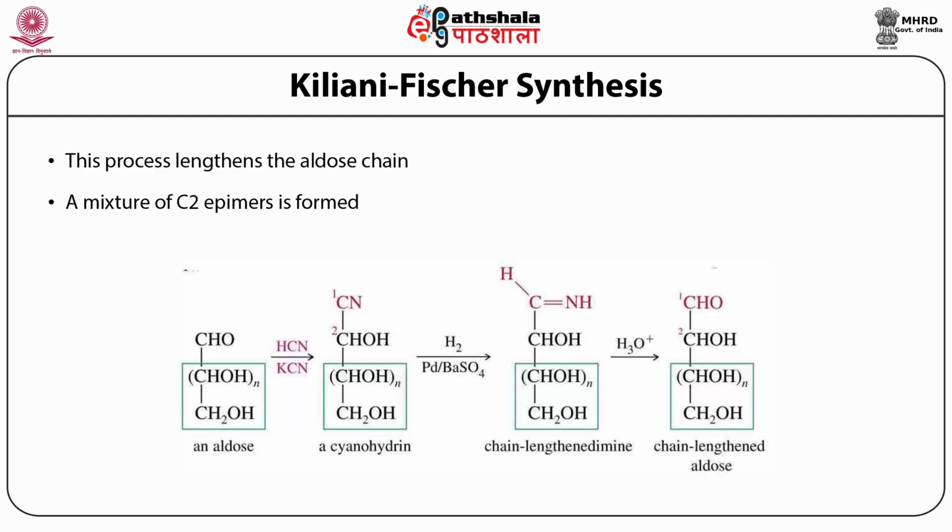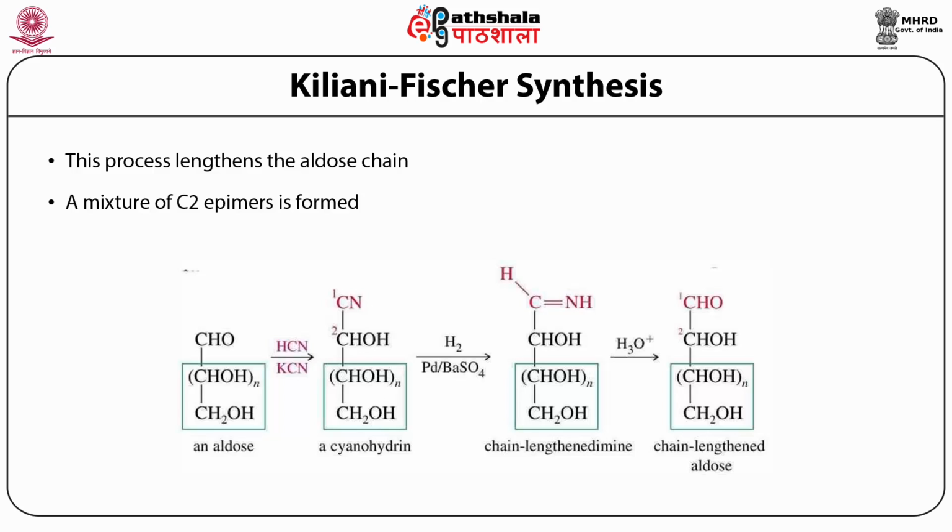In this method, the cyanohydrins are first converted to imines by using a partially deactivated palladium on barium sulfate catalyst, so that the imines would not be further reduced to amines. Instead, the imines can then be hydrolyzed to give rise to aldoses.